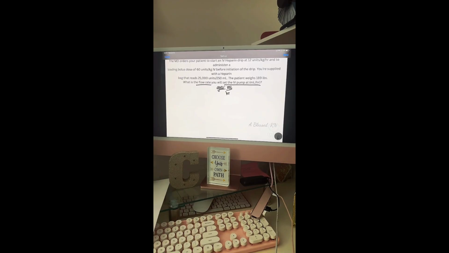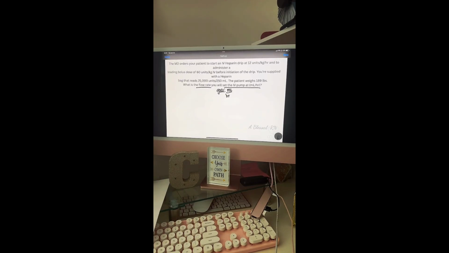You're welcome. So what are we going to use for our drip? The drip is 12 units per kilogram per hour, okay? And then we have a bag of heparin that's got 25,000 units per 250 mLs. And then our patient weighs 189 pounds. So those are all of my puzzle pieces, okay?